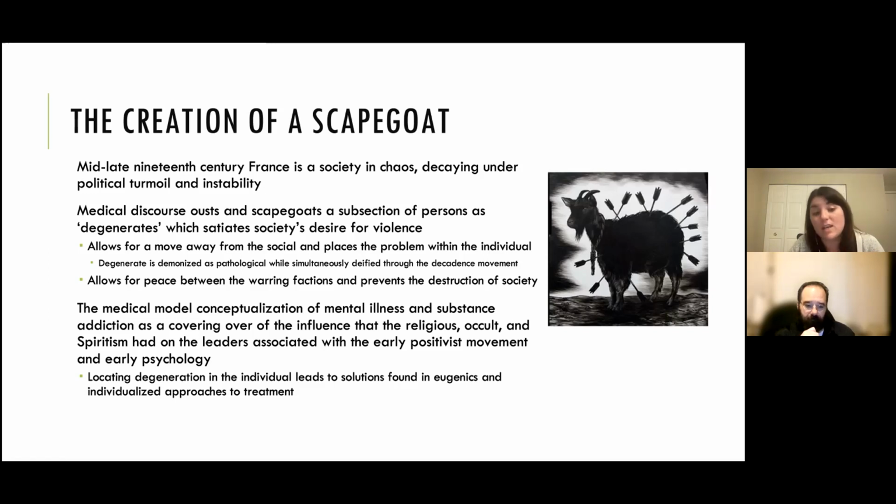And as we see, locating degeneration in the individual rather than looking at society as a whole leads to some pretty scary solutions. So solutions that were found in eugenics, and also in individualized approaches to treatment, which I argue throughout my dissertation really don't get at the societal issues that maybe contribute to or cause addiction.